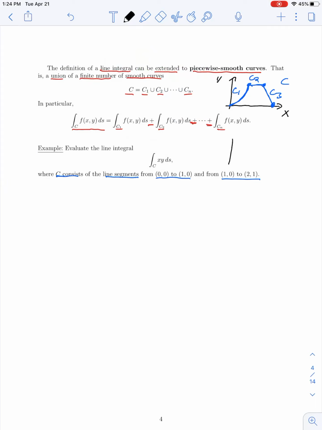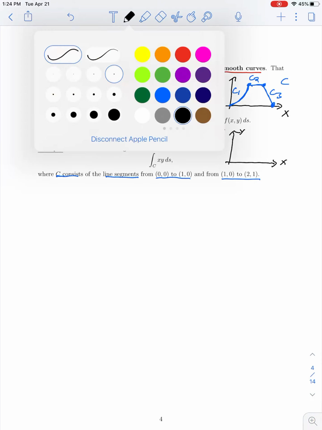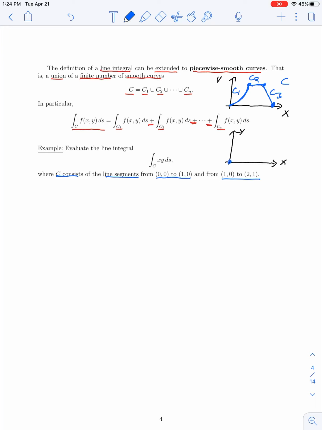So here we have in the xy plane a curve which is first moving from the point 0, 0, that is the origin, to the point 1, 0. So this is the first part of our curve, this line segment along the x-axis. And then the second part of our curve is a line segment from 1, 0 to 2, 1. So from this point 1, 0, we then take the line segment to the point 2, 1.